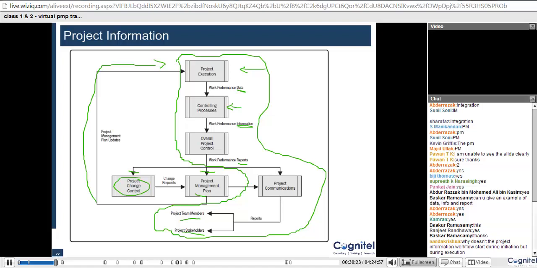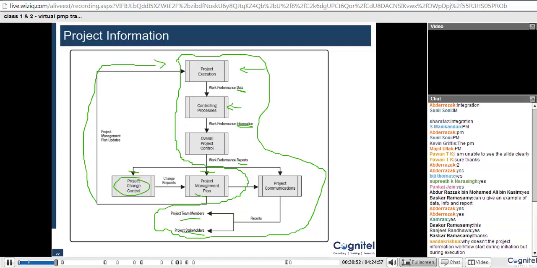Of course, you would send out certain project management plans or pieces of information to the stakeholders, but that's not the real information that we are working on, or what people would be most interested in. People would always be interested in seeing how the project is progressing. So that's why it starts with the execution.